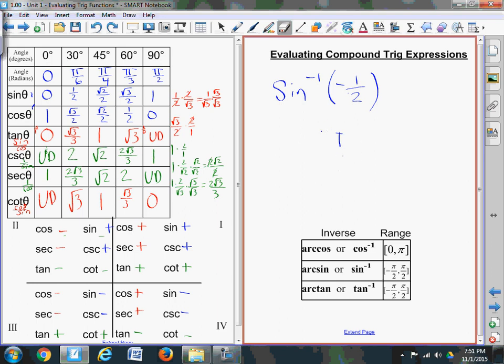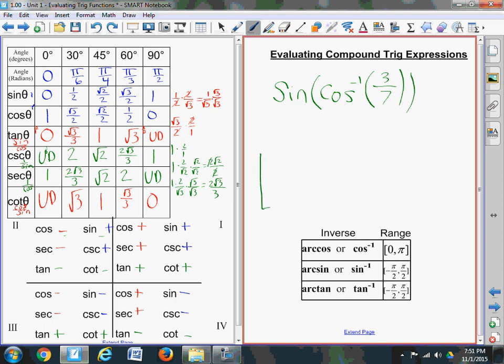All right, another situation you might run into is if it's not a unit circle value. So I want to find the sine of the inverse cosine of, I don't know, 3 over 7.